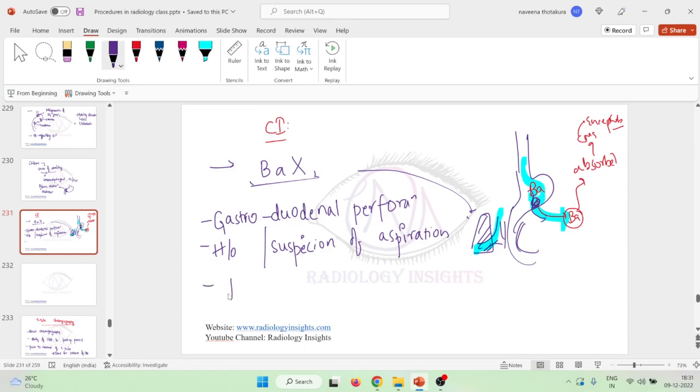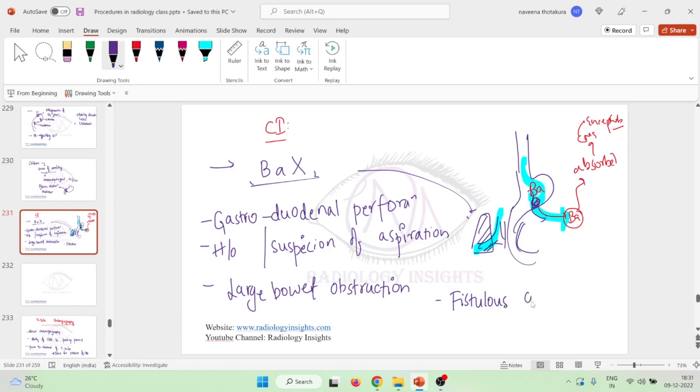In any type of obstruction, especially large bowel obstruction, we should not use barium, because if there is obstruction, barium gets precipitated after some time and forms inspissation. We also do not use barium if there are any fistulous communications of the bowel.